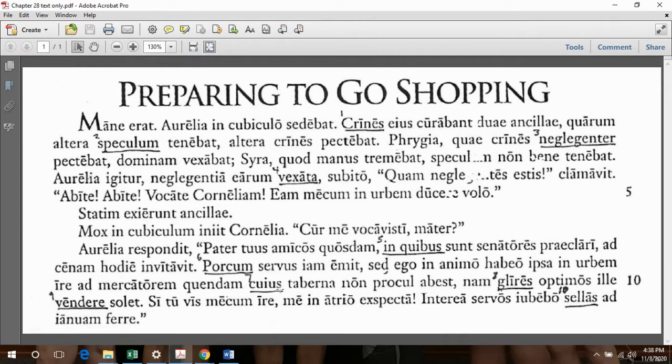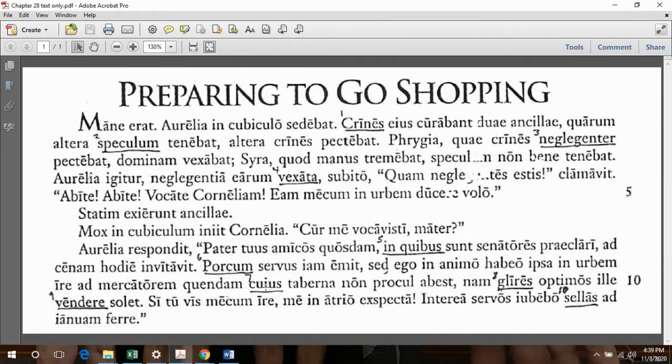Cuius, which is, of course, a relative pronoun from qui, quae, quod, whose shop, or the shop of whom, needs to be in the genitive, taberna procul abest, is not far away. Procul, far, abest, away. Whose shop is not far away. So, again, but I, myself, have in mind to go into the city to a certain merchant whose shop is not far away. Cuius is singular because mercatorem, its antecedent, is singular.